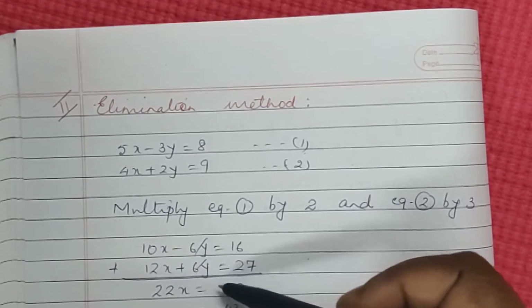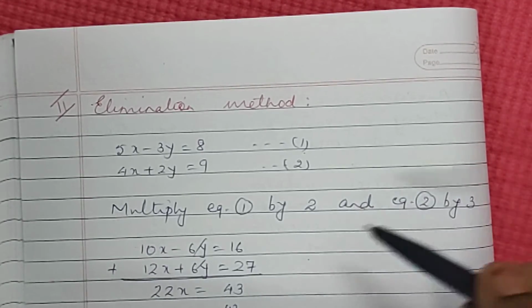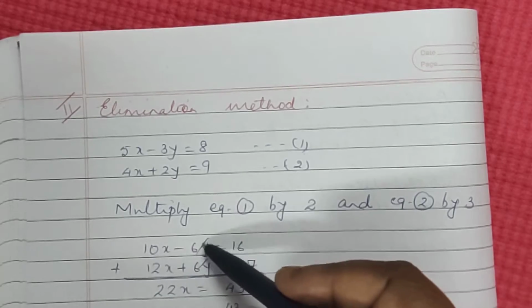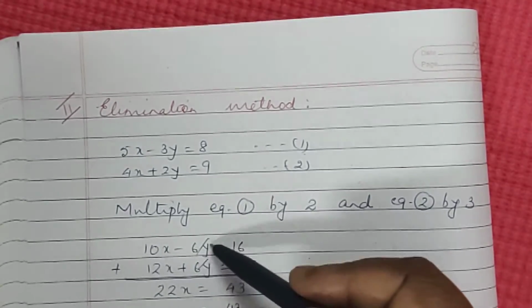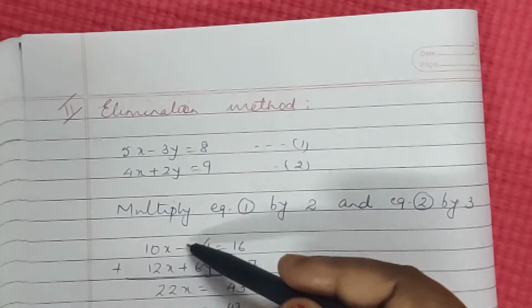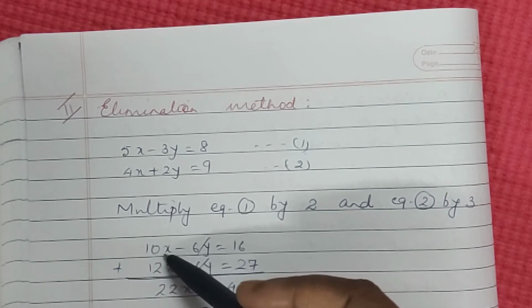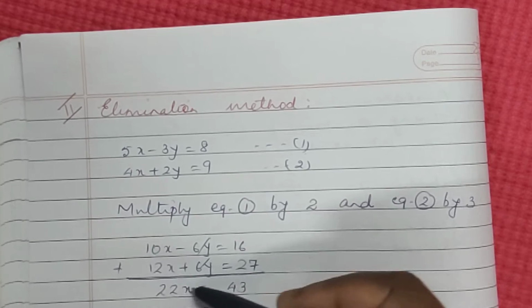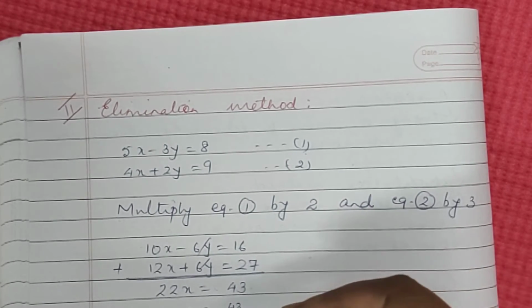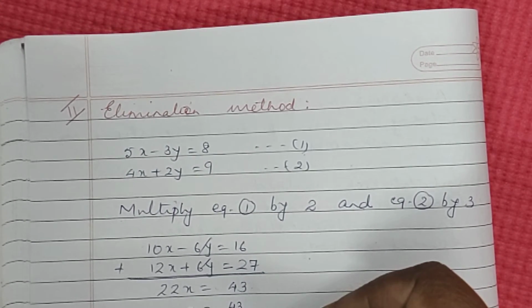So when I add these two equations, the minus 6y and plus 6y get cancelled. Means y is getting eliminated. One variable I am eliminating. After this I am getting 22x equals 43, or x equals 43 by 22.